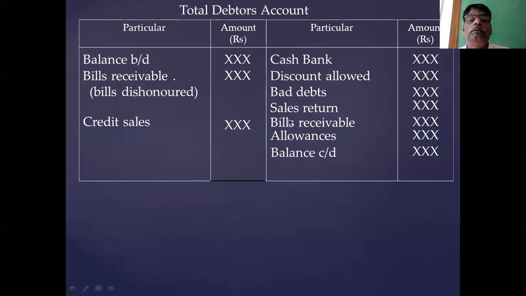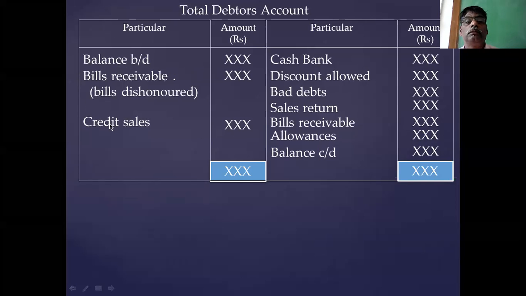Debit side, three items; credit side, roughly eight items. You write eight items on the credit side, three items on the debit side. Then you take the total. If there is a difference on the debit side, that may be opening balance or it may be credit sale.